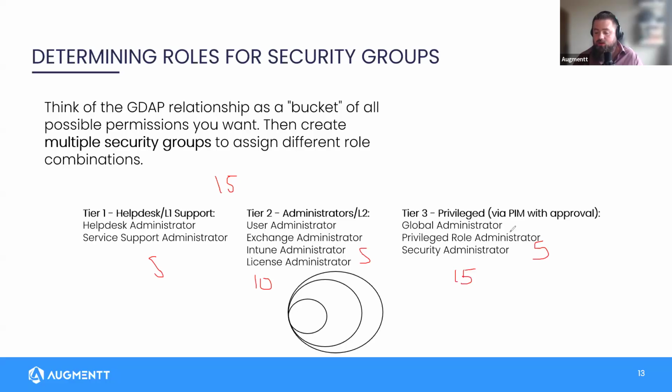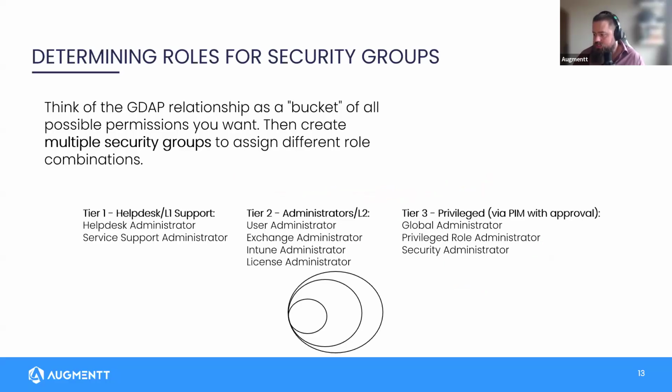I can just add each user. So if there's a user here, they can be a part of all three security groups and they get all those roles. I could do it where tier three is also part of a security group that has all 15. That also totally works. I just find that this is also an easy way to keep track of it.